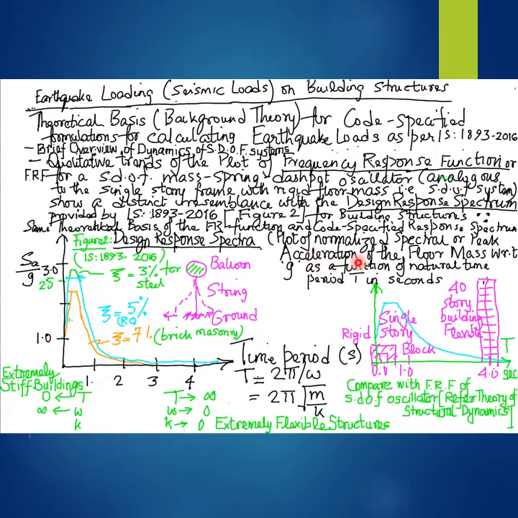That is, the peak or spectral acceleration normalized with respect to the acceleration due to gravity is plotted on the y-axis of the design response spectrum, presented in figure 2 of IS 1893 2016, while the x-axis represents the natural period or the fundamental time period of the idealized single degree of freedom structural system.